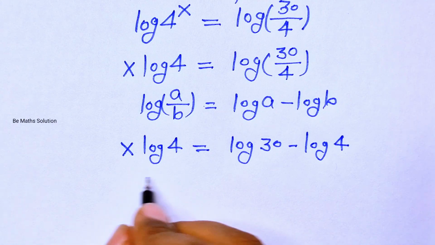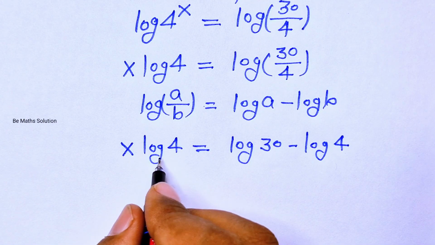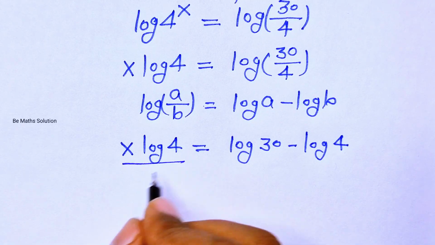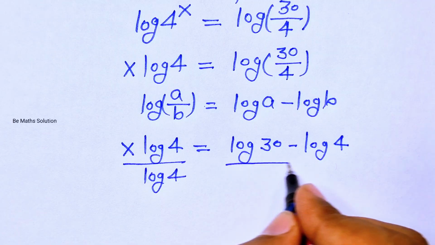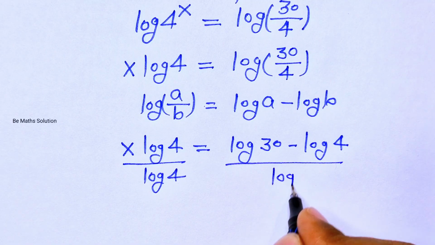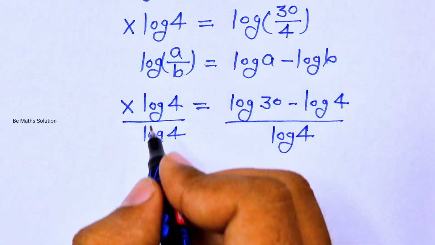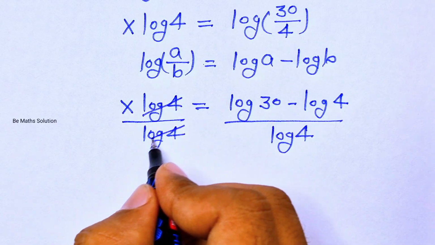Now at this moment, I divide both sides by log 4. This log 4 and this log 4 are cancelled.